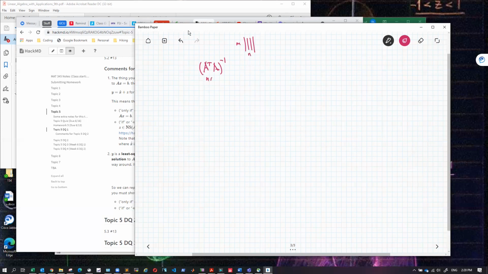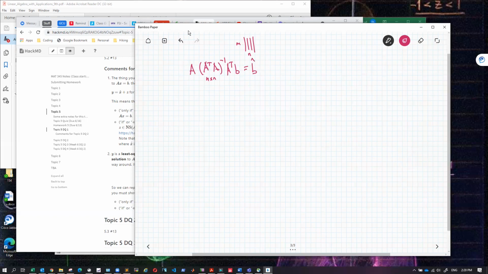So A transpose A would be N by N, and it's going to be invertible. We're assuming it is invertible. Then A transpose B, and then A. And this will give us our B hat. That's what we're going to claim.